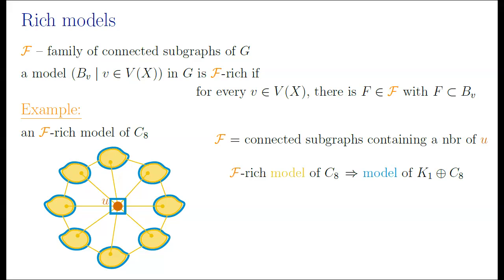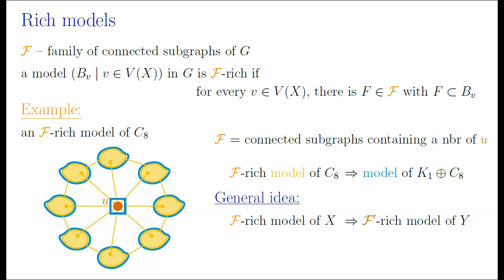So what is the general idea behind the F-rich models? The general idea is that if we have an F-rich model of X, usually we want to craft F and X so that we can obtain an F' rich model of Y, where we started with a complex family and we go to some slightly simpler family.